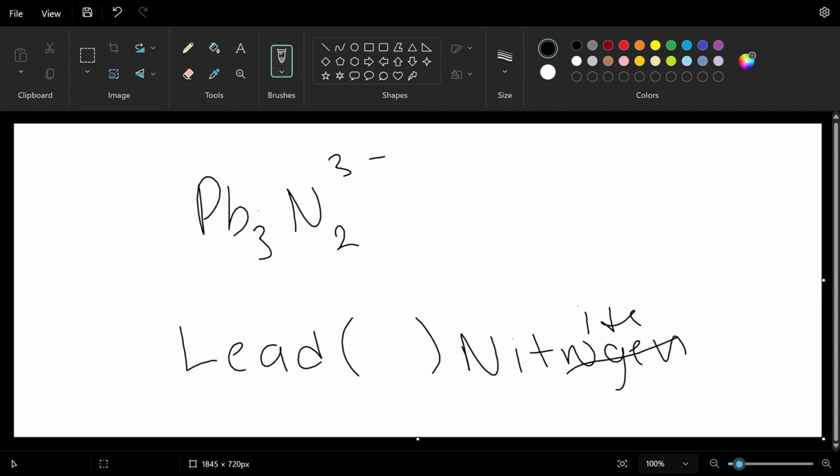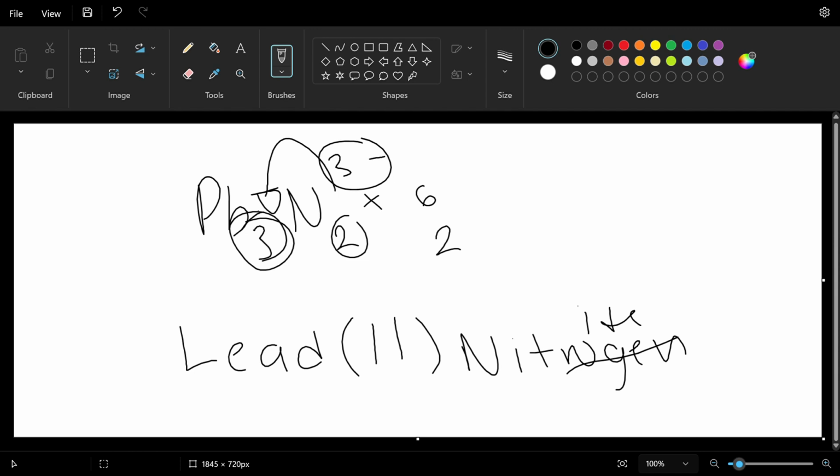You multiply the subscript and the charge together and divide by the subscript given to you on the transition metal. So 2 times 3 is 6, and if you divide 6 by this 3, it gives you 2, so 2 would be written as a Roman numeral, and this would be your answer.